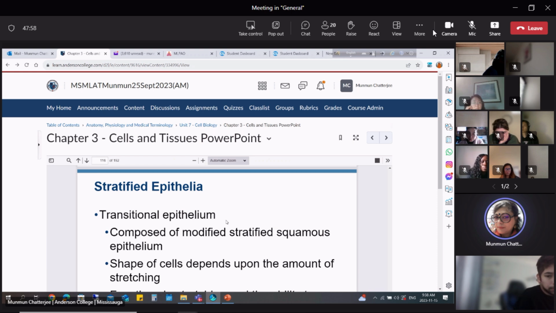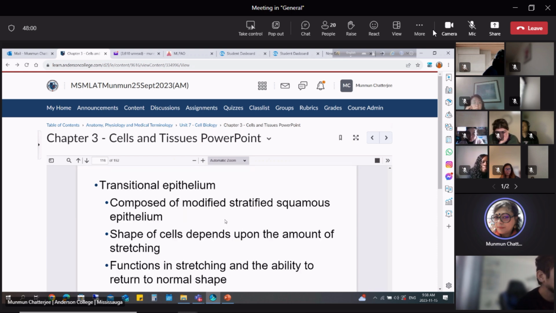So what is transitional epithelium? These are modified stratified squamous epithelium. That means these are stratified squamous epithelium, but modified. What type of modification does it have?